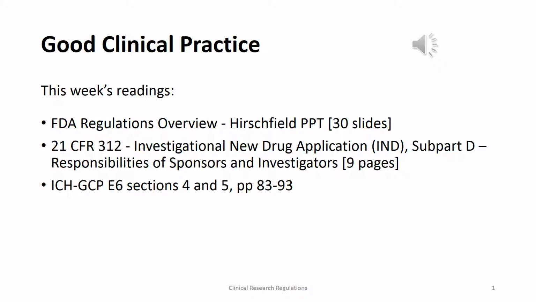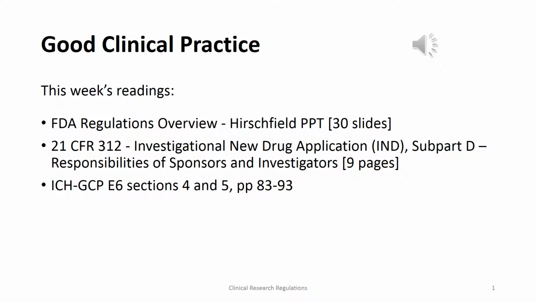The difference between these two, for those of you that aren't familiar with them, is that 21 CFR 312 are actually laws that are part of the federal code. Section 21 governs drugs, and specifically pharmaceutical drugs, and several parts or subparts of that code govern how we conduct clinical trials.